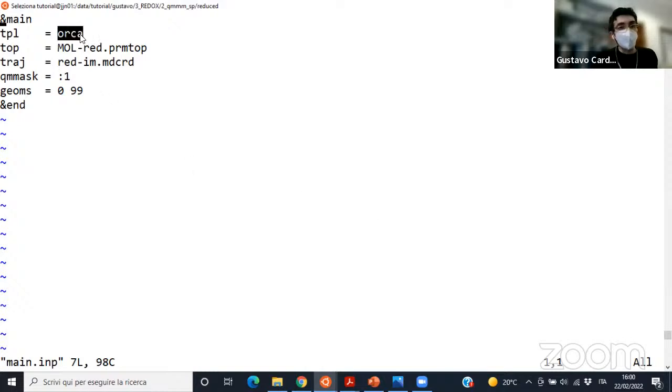So here we're going to use Orca. I mean, we're going to generate Orca input files. Then we tell it what topology we're going to use. You have a topology because you need a trajectory, but you also need the parameters. Then you give it a trajectory, because we're going to fetch, in our case, 100 geometries out of this trajectory.